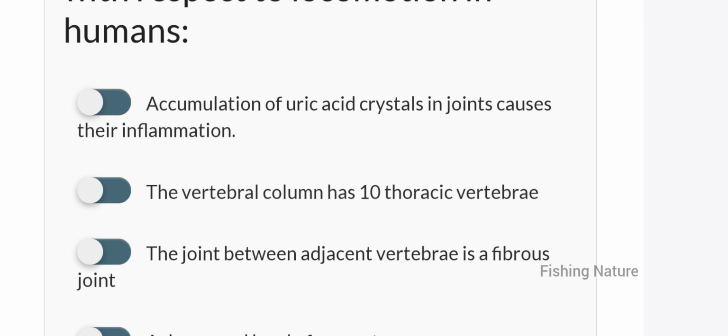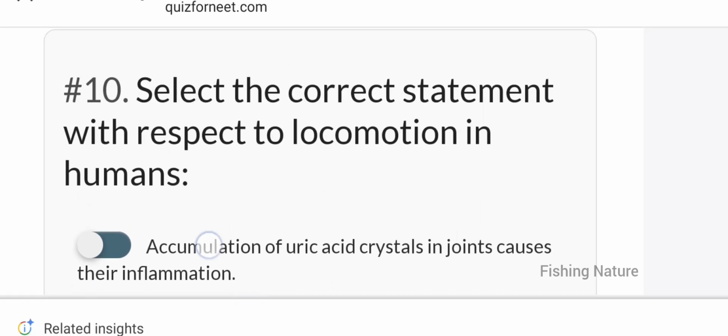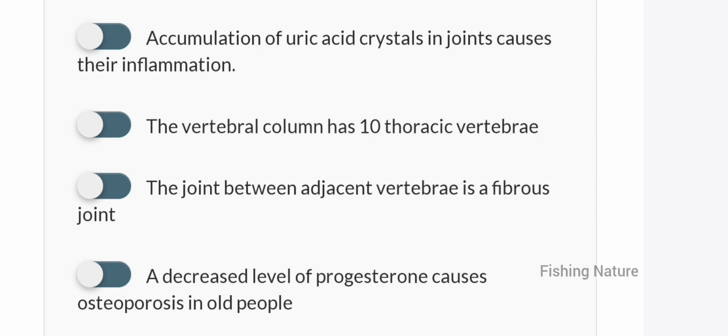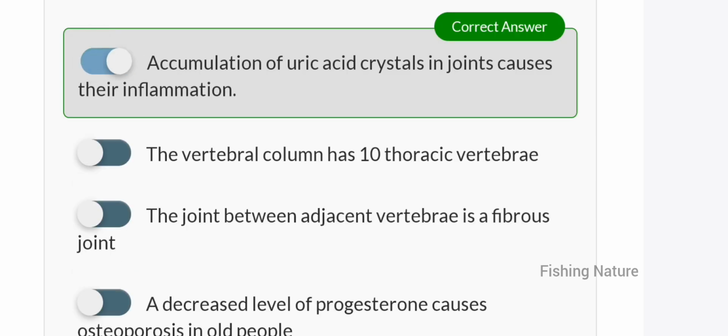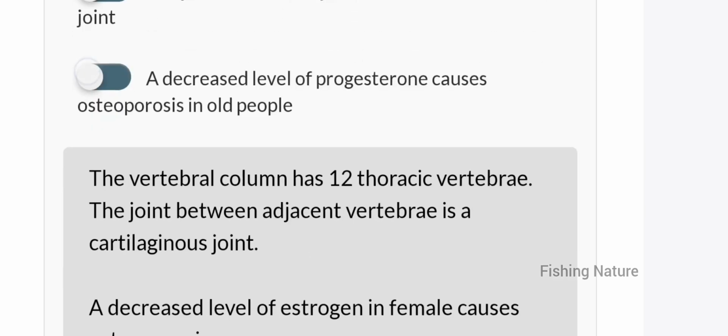Accumulation of uric acid crystals in joints causes their inflammation; or the vertebral column has 10 thoracic vertebrae; or the joint between the adjacent vertebrae is a fibrous joint; or a decreased level of progesterone causes osteoporosis in old people. Which is the correct statement? It is option A, accumulation of uric acid crystals in the joints causes their inflammation.